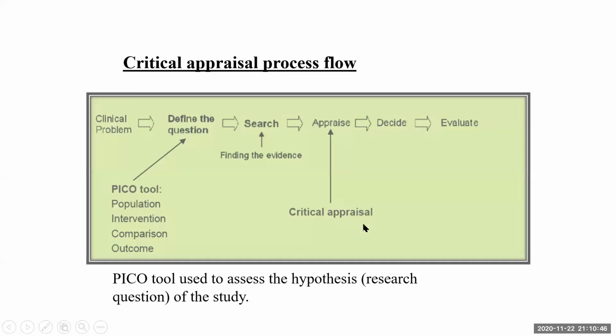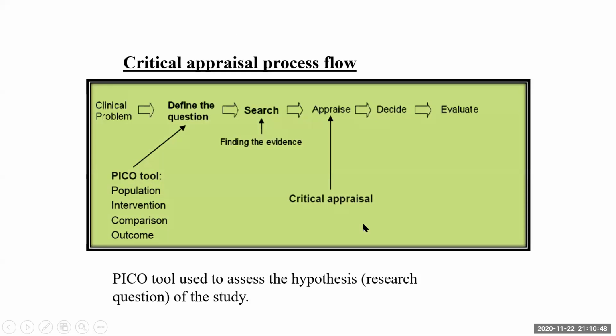generalizability. So the critical appraisal process flow will start with finding a clinical problem. If we have a clinical problem in the field, for example, management of deep-seated caries. This is a clinical problem in dentistry and represents a dilemma in this field, because there is no consensus on appropriate treatment for management of deep-seated caries.